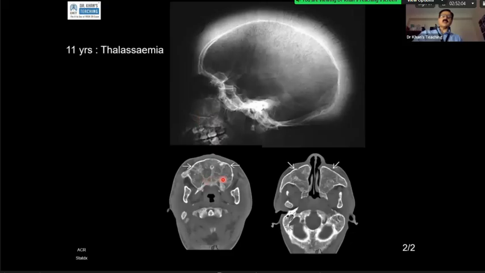And this CT, which is from another example, tells you what happens. There is so much expansion of the bone that there is complete obliteration of the maxillary sinus, which is lost. And on a plain film, it will be seen like this. This, of course, is a different patient. So this is again a case of thalassemia.